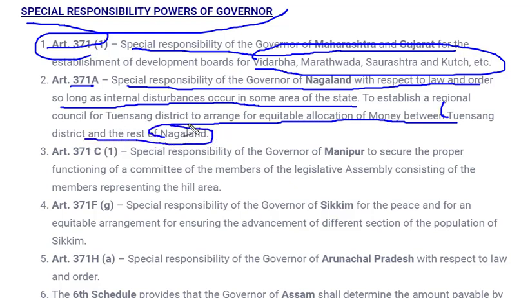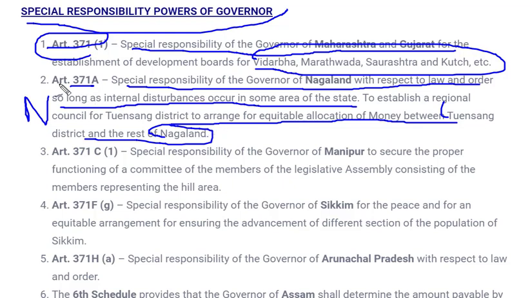In Nagaland there are generally internal disturbances, because they are always demanding their own state because of tribal disturbances. There is a separate video on the Naga peace accord which explains everything happening in Nagaland, and there are many videos on YouTube about this problem. There are lots of problems in Nagaland.